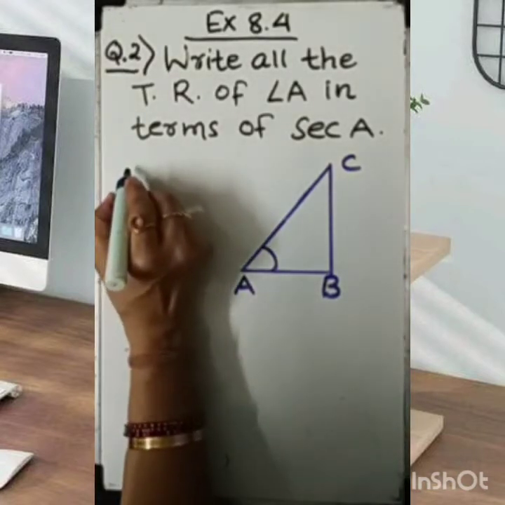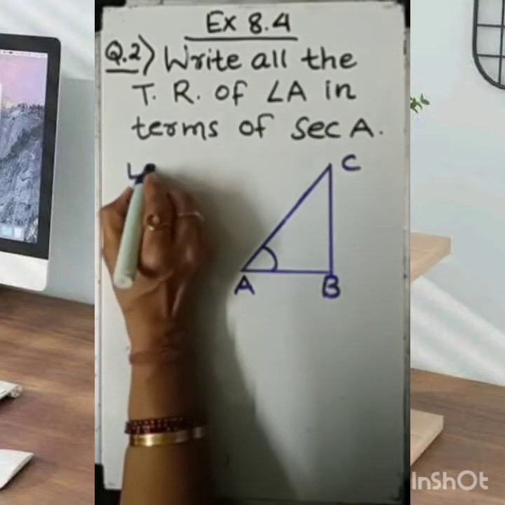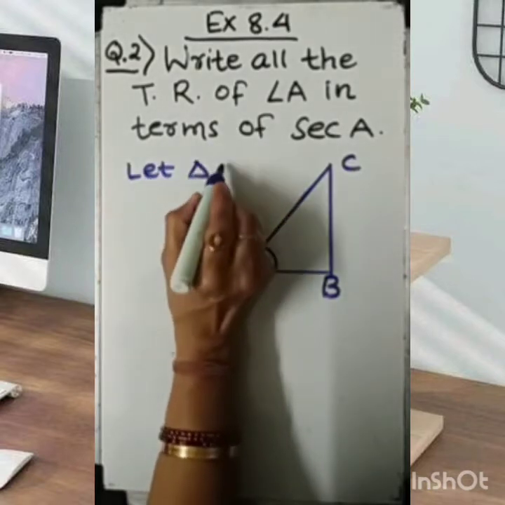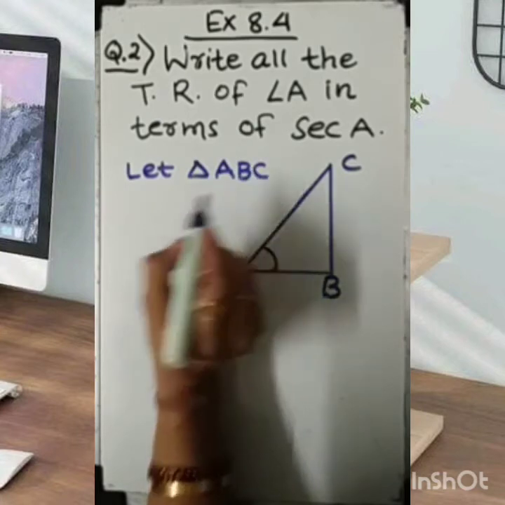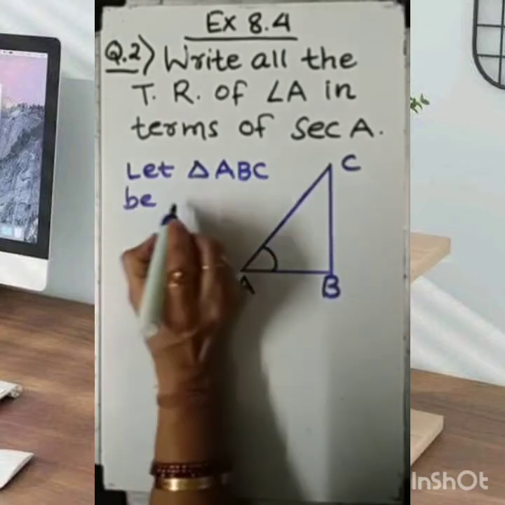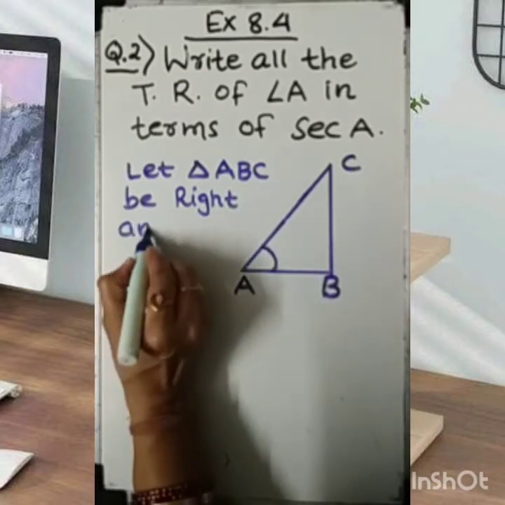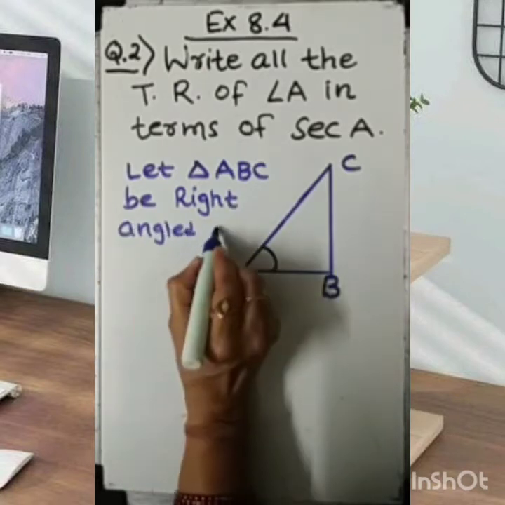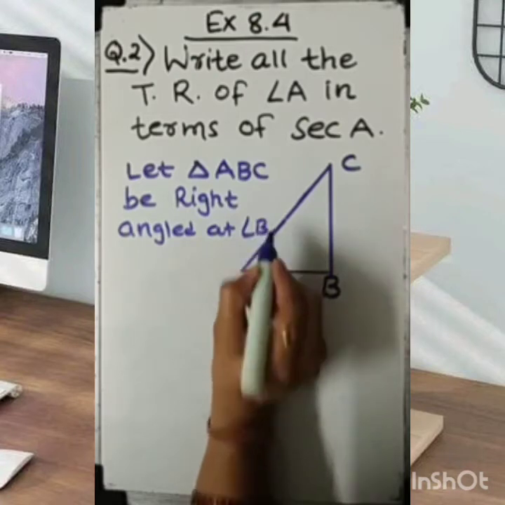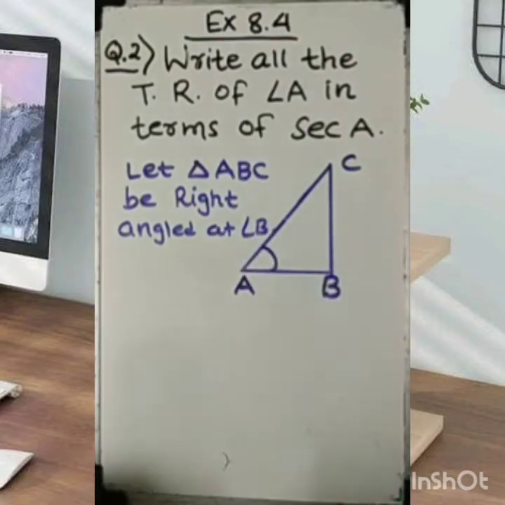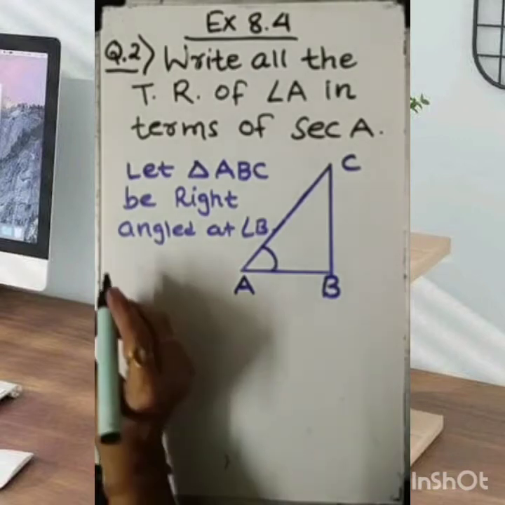So we need to write here, let triangle ABC be right angled at angle B. This is the prior information we need to mention. Now, what will be the base?